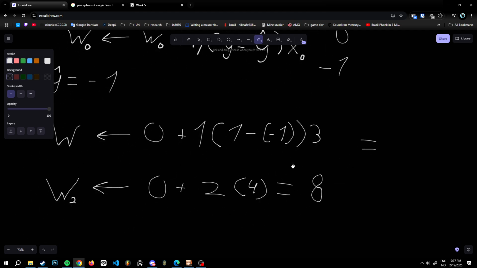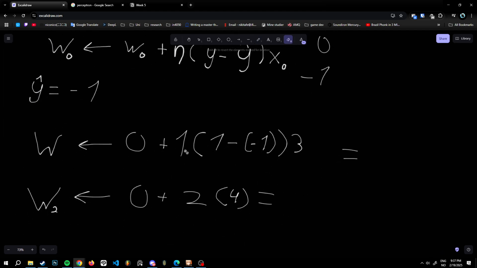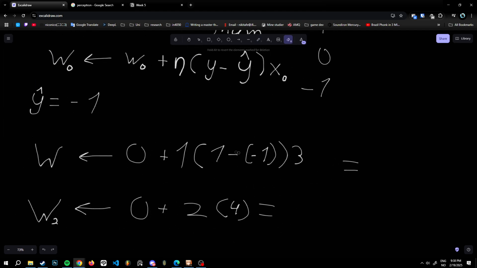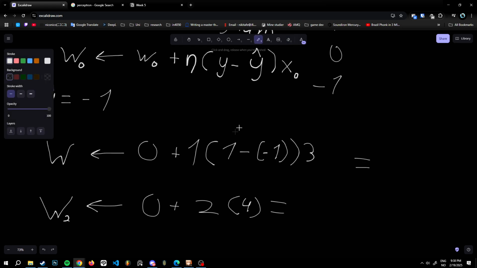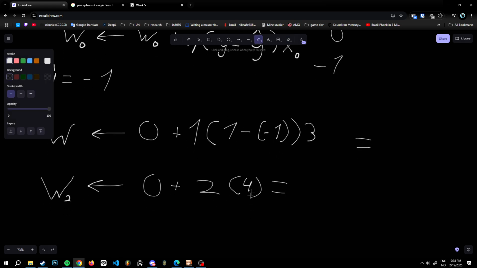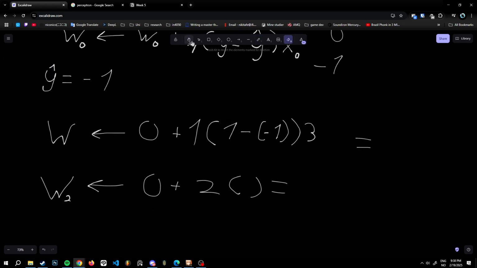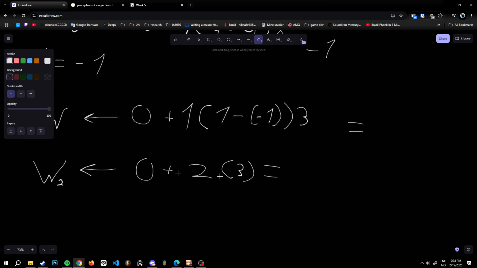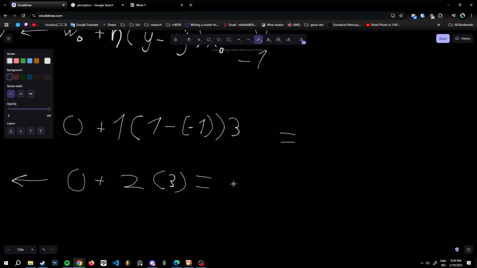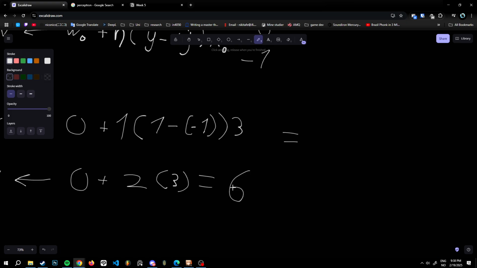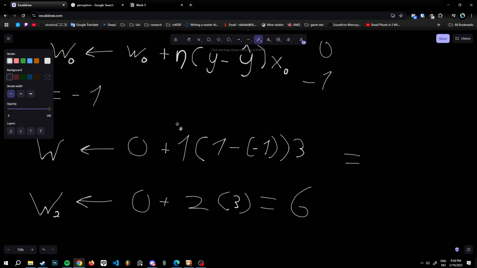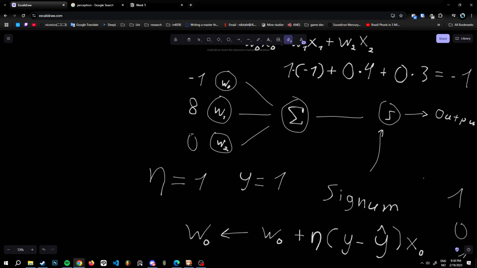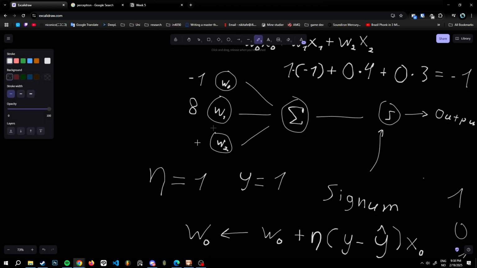And now we can just go ahead and solve it. This output will pretty much be the same. So I'm just basically cheating a little bit here. That instead of multiplying it by 4, we multiply it by 3. And now we're gonna get 6. And with the 6, we will put it in the second weight.